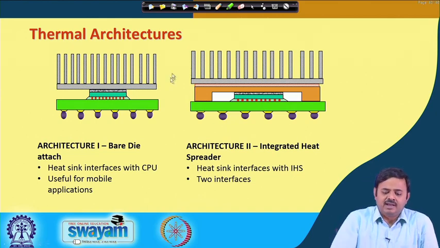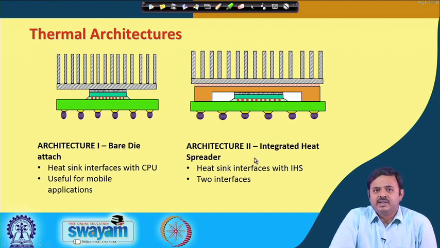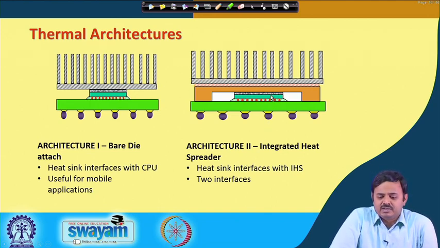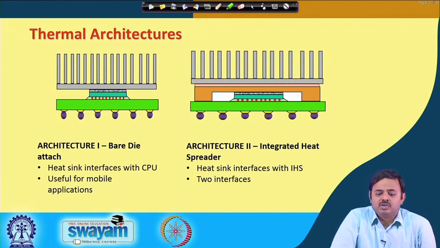Okay. The other one is the integrated heat spreader architecture, architecture 2, where above the silicon you have what is called a heat spreader. It is typically a copper plate, and many people call it the lid, LID.